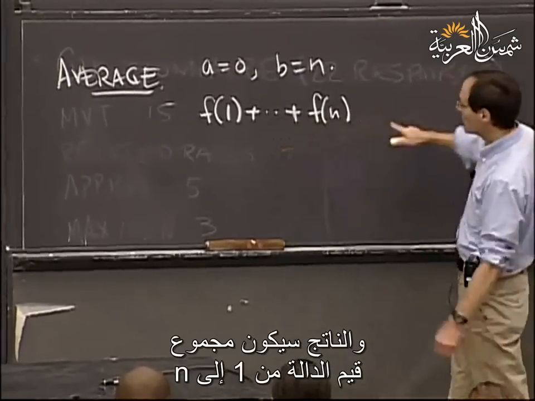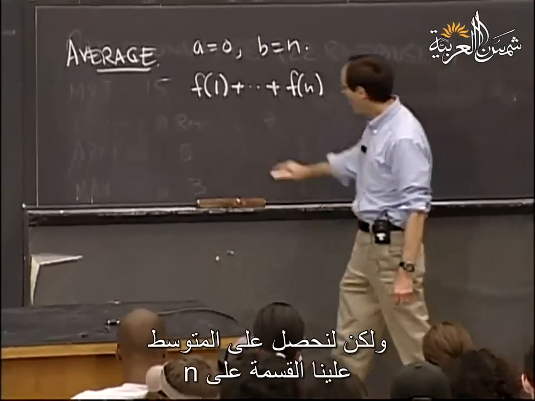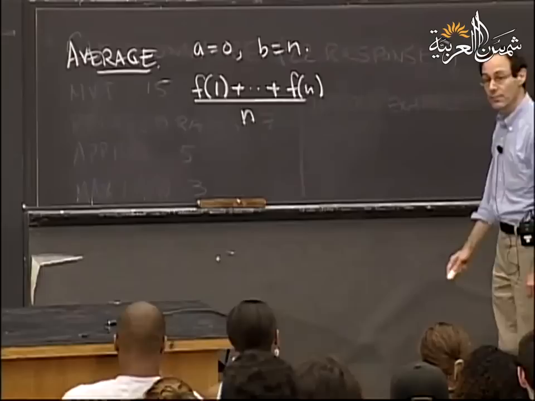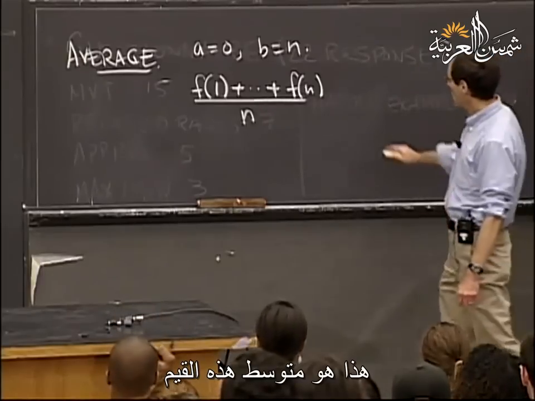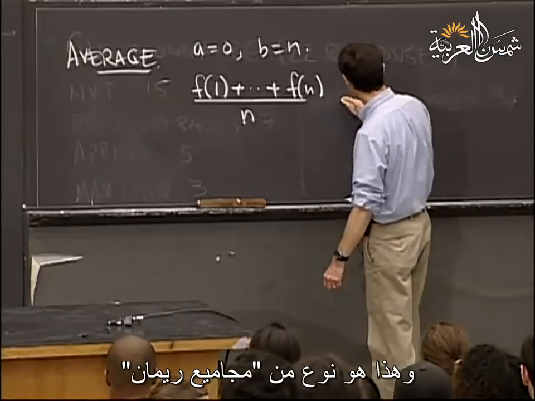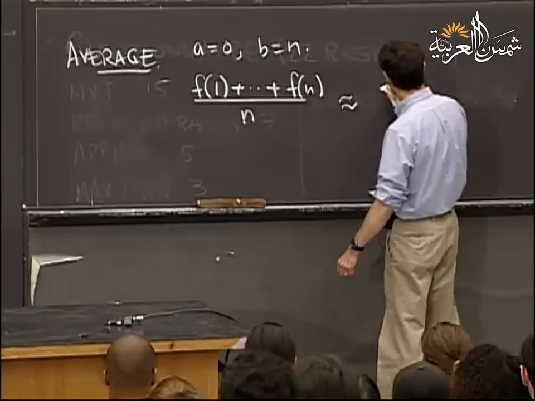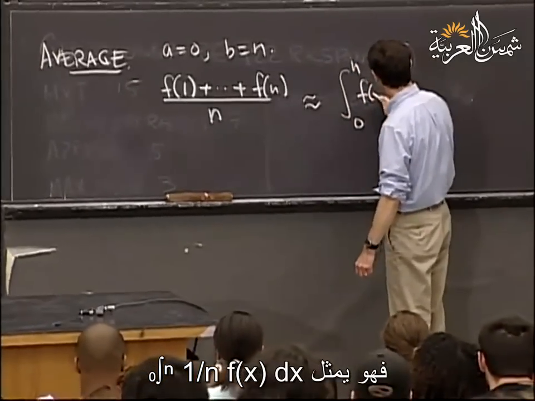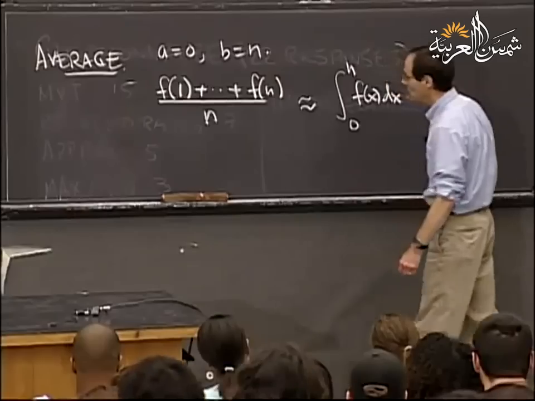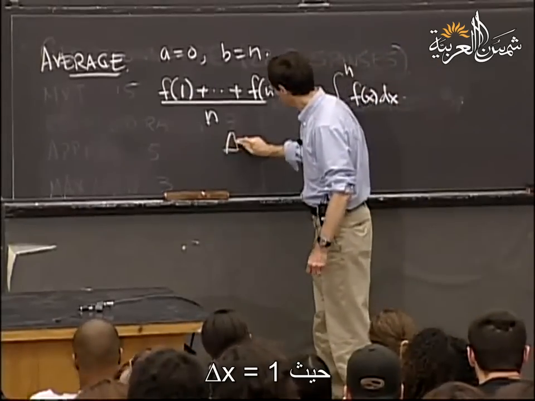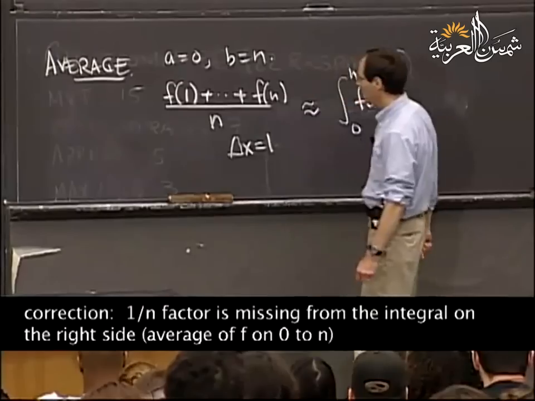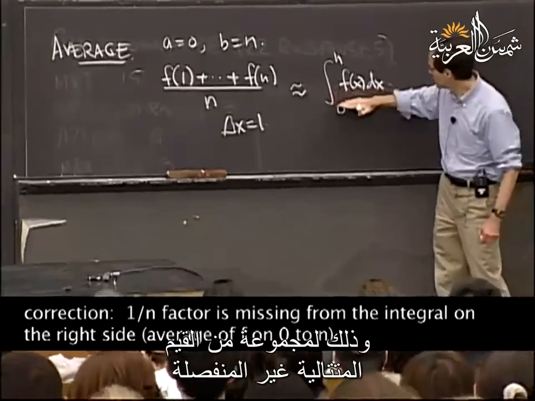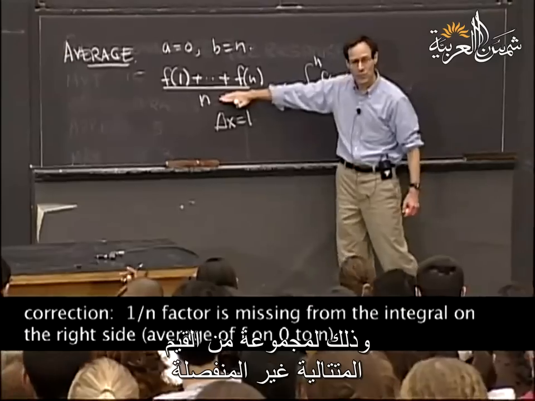Now, that would be the sum of the values from 1 to n. But the average is we divide by n here, all right? So this is the average. And this is a kind of Riemann sum representing the integral from 0 to n of f of x dx, where the increment, delta x, is 1. All right? So this is the notion of an average value here, but in the continuum setting as opposed to the discrete setting.